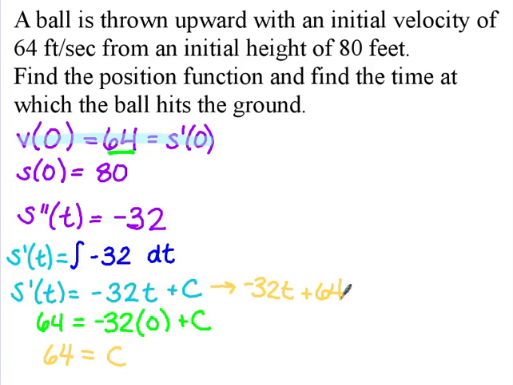So I've worked my way back once I found the velocity, but what function do I need to find? The position. So I've got to go back one more time. So what I've now got to do is integrate that. So this is my velocity right here. I've got to go back to my position. So I know that my position function, s of t, will equal the integral of negative 32t plus 64.